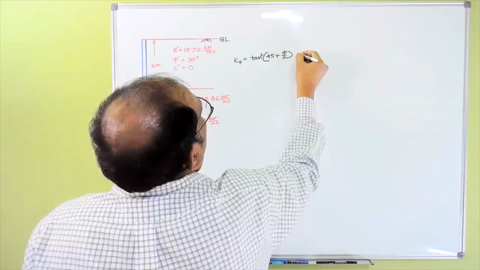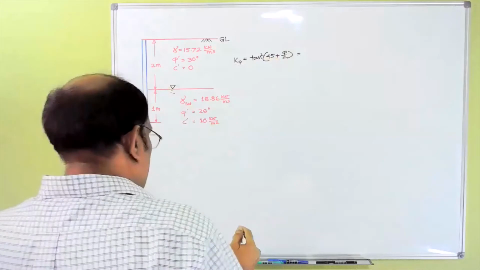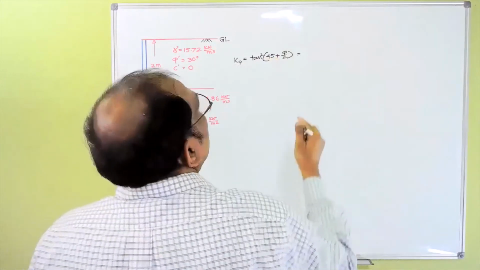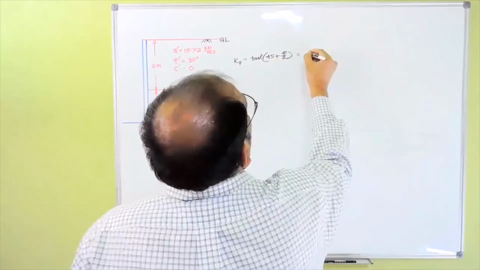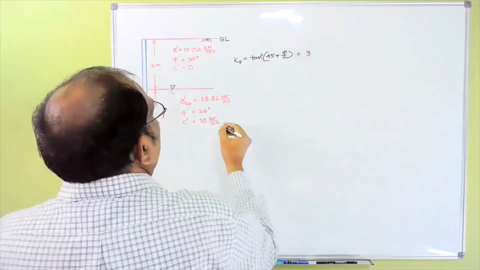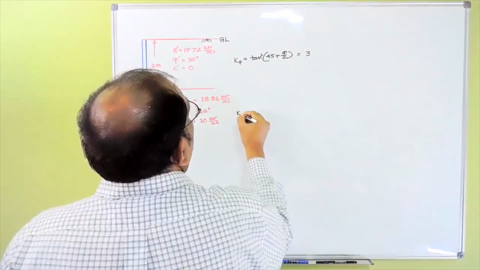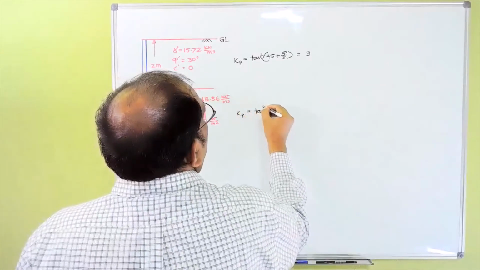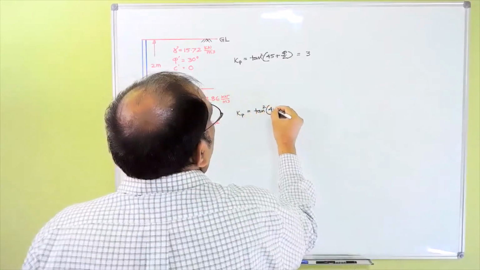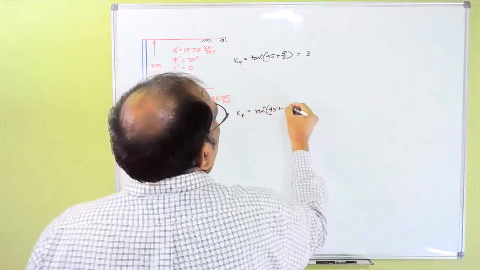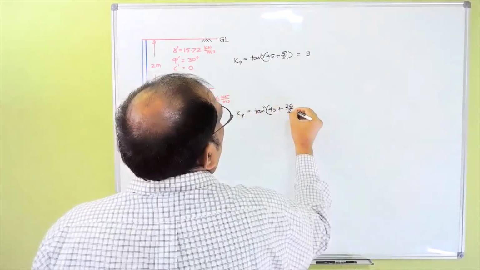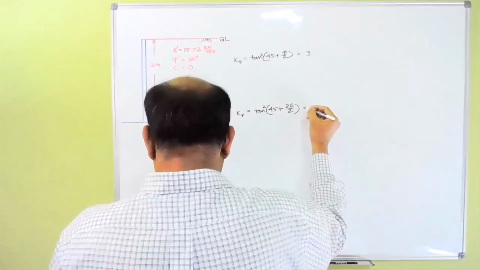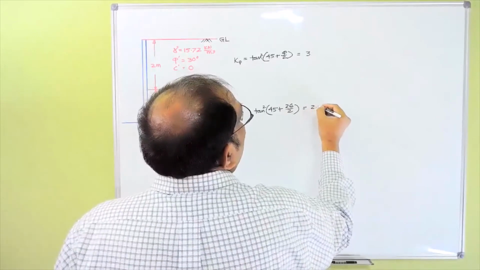So our phi is 30, so your Kp will be 3. For the bottom layer, my Kp would be tan squared of 45 plus 26 by 2, so this one is 2.56.